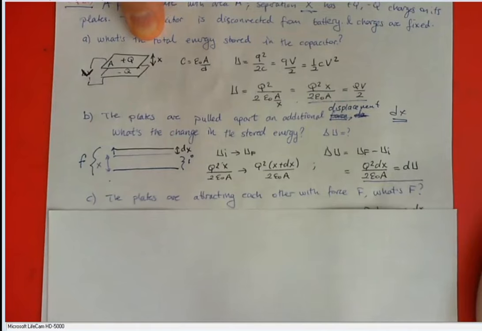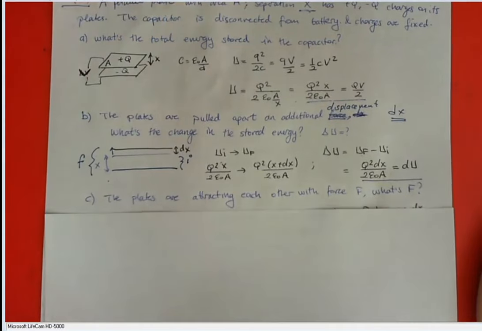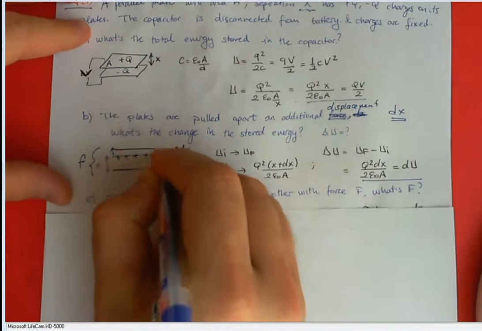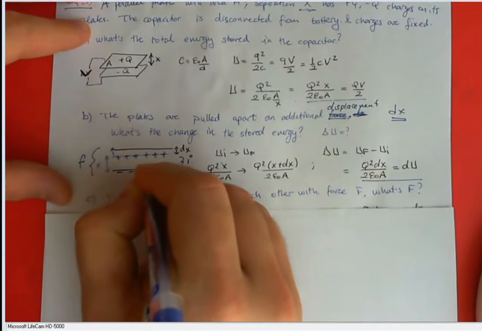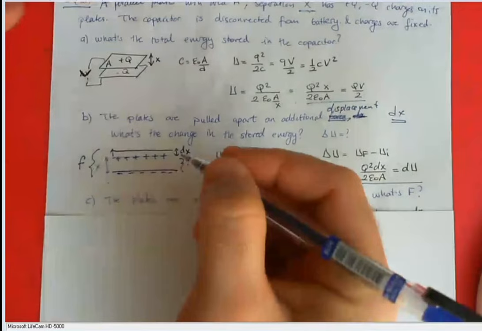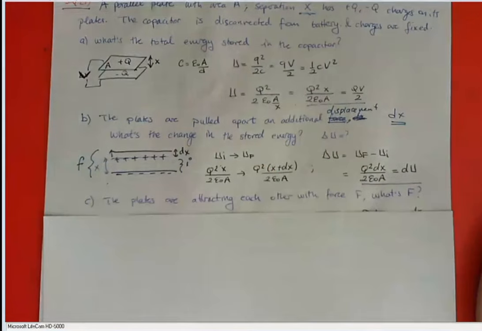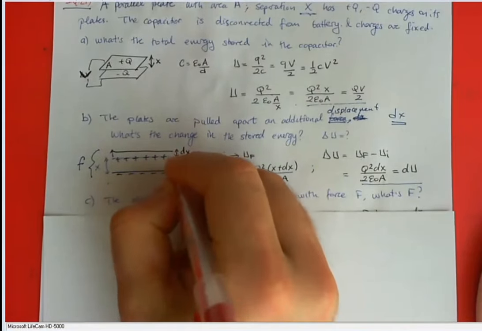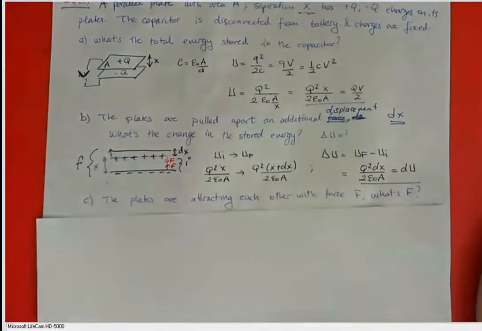Okay, so next question. The plates are attracting each other with force F. So what is the magnitude of that force F? So we know that these are plus and that is minus, right? So the parallel plates always pull each other, right?